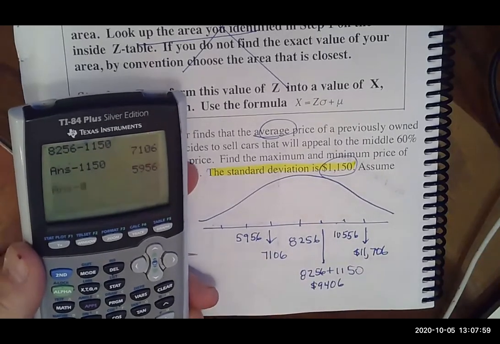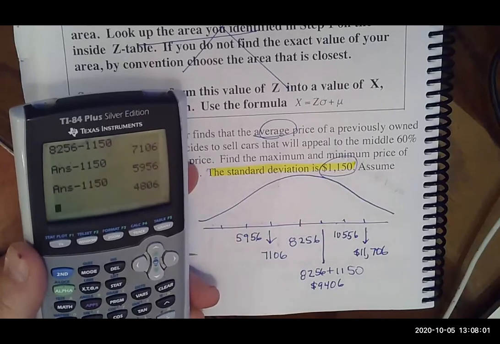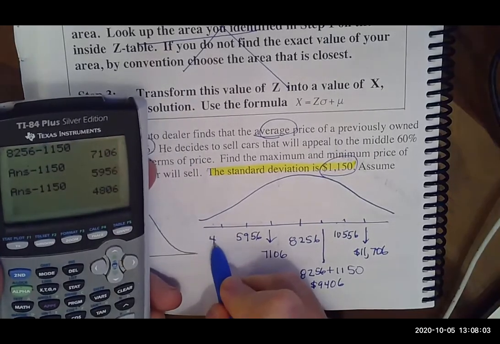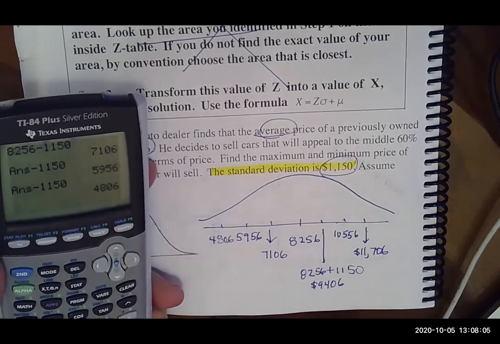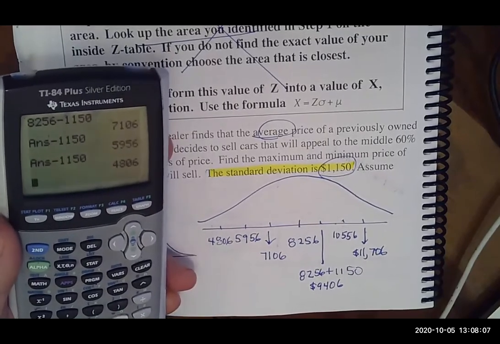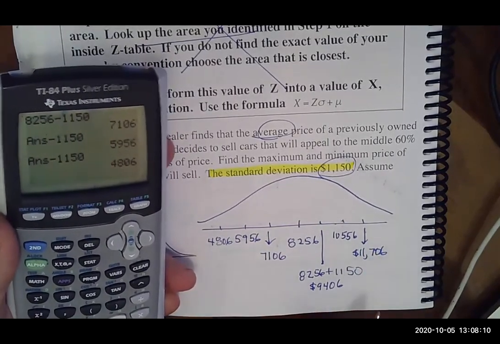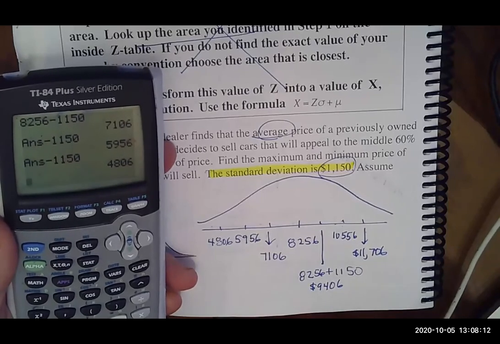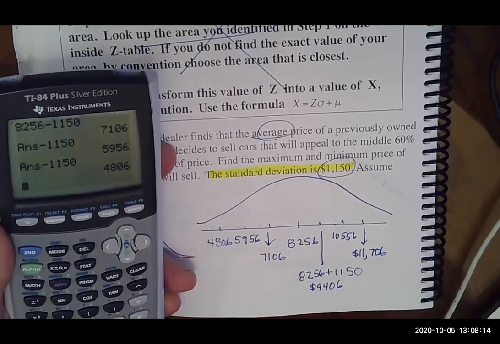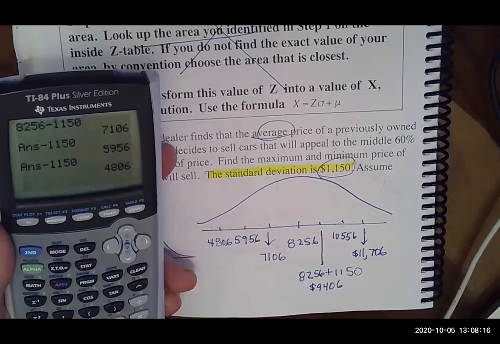And one more time. Now, I don't need to go any farther because beyond that, they're outliers. So just for the picture, you just need to go 3 to the right and 3 to the left.